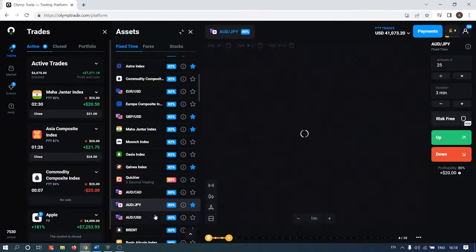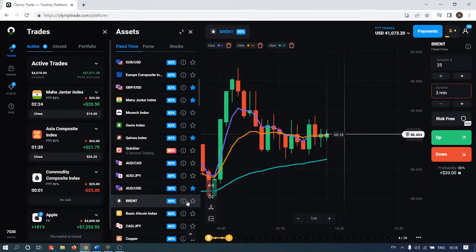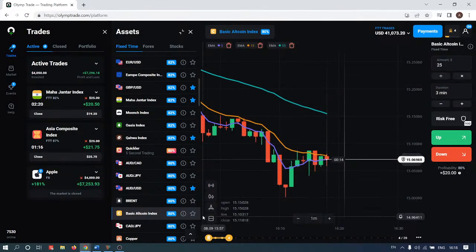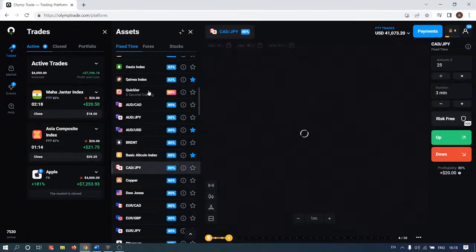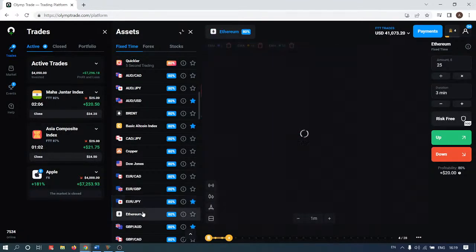So there is a period of time when some features are only available to our employees. For example, all the indices are available to me since I work for the Olymp Trade broker, so I have a little bit of benefit there.